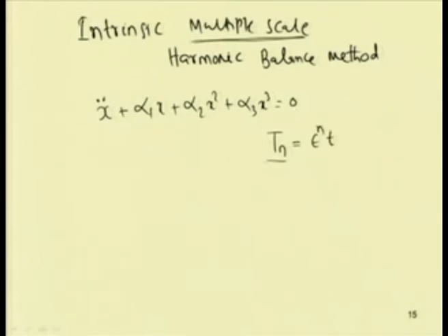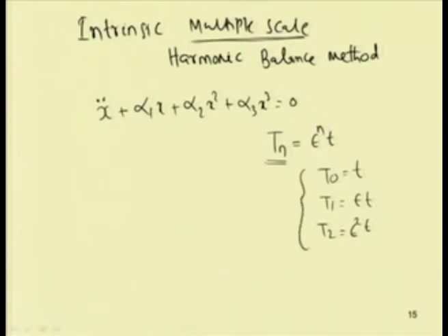So, these are the time scales. So, T 0 equals t, and T 1 equals epsilon t, similarly T 2 equals epsilon square t.